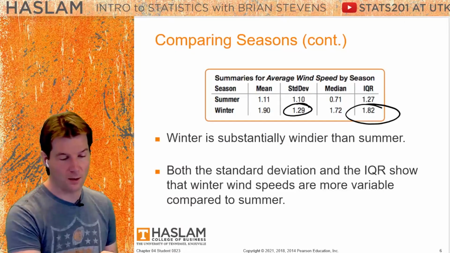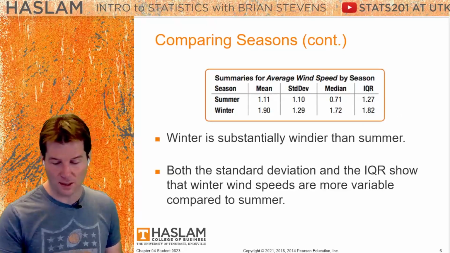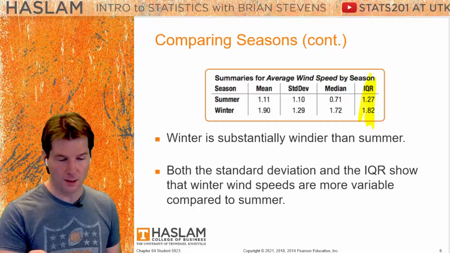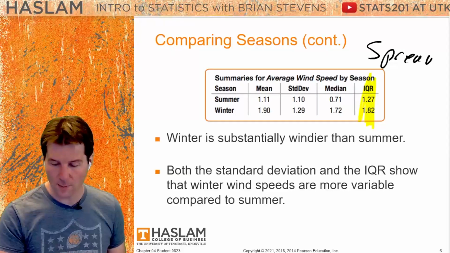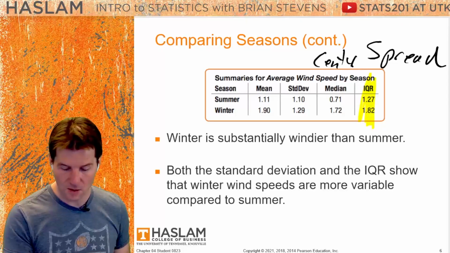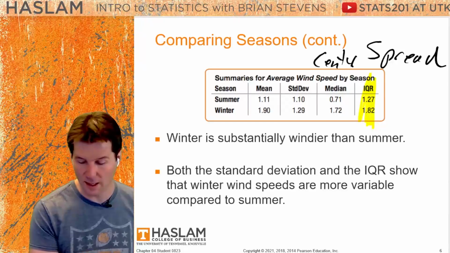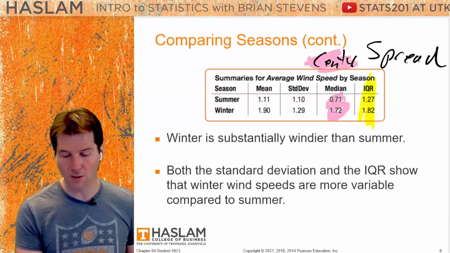So we would compare these two distributions on their spread based on IQR, and we would talk about the spread that way. And the proper measure of center is going to be the median. So the wind speeds are typically higher during the winter, and they have more variation.